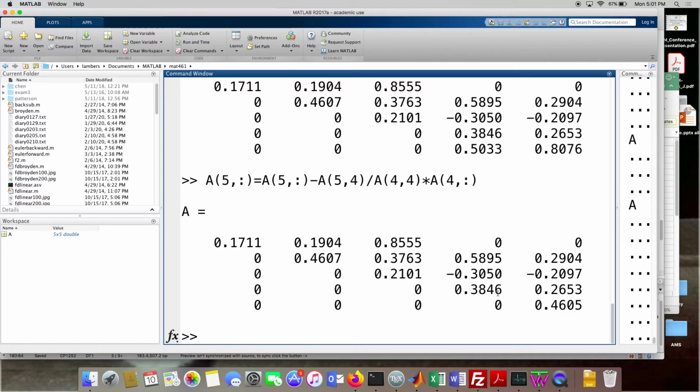And L will still have a lower bandwidth of, actually, I'm not even sure about that. But the point is the matrix is no longer banded. I think L will not have lower bandwidth 1, because even though I only had to eliminate one non-zero entry per column, because of the swapping, L would not have the desired lower bandwidth either.